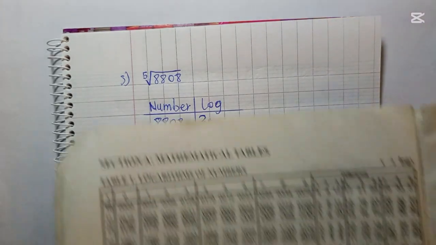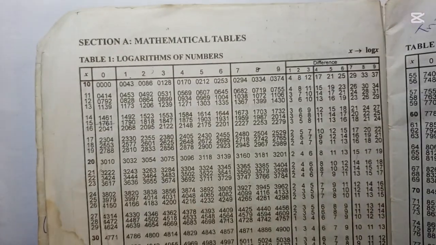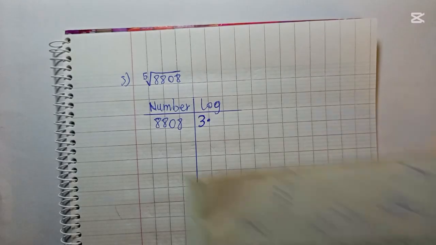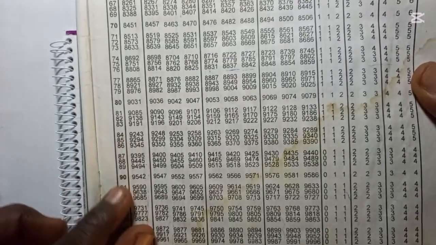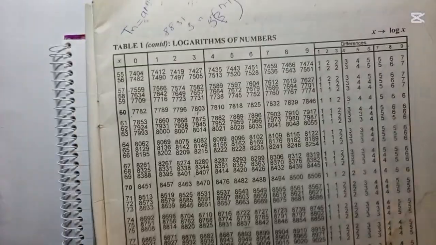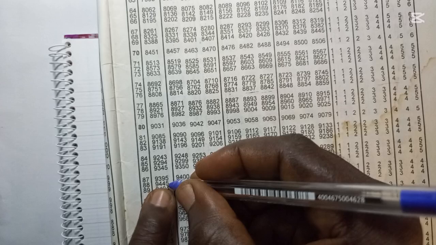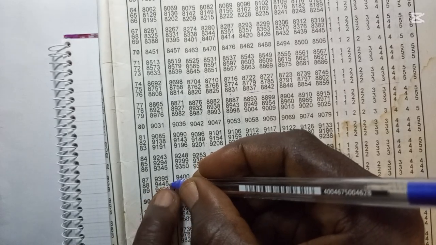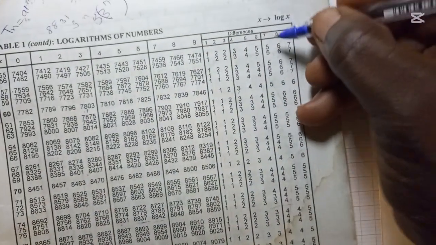Again, on the table of logarithms, we'll look for 88. This is 88. 88 under 0 will give us 9445, difference of 8.